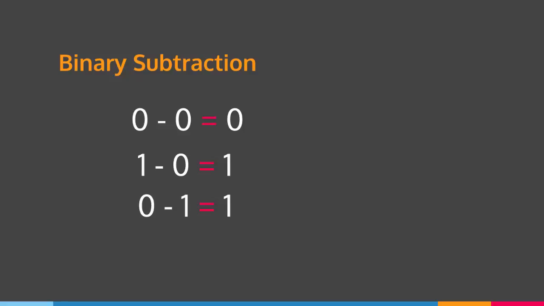Since 4 cannot be subtracted from 1, you go to the digit to the left, you borrow 1, and you add it to the first digit. However, it's not going to be 2. It will turn to 11, because you add 10 to it. So 11 minus 4 gives you 7. 7 plus 4 equals 11.